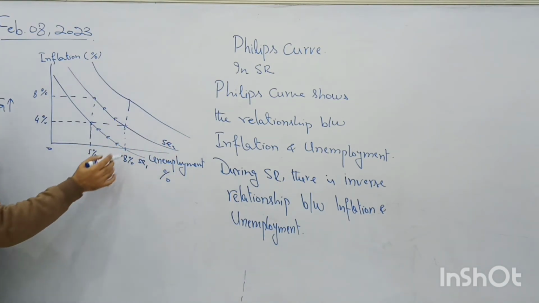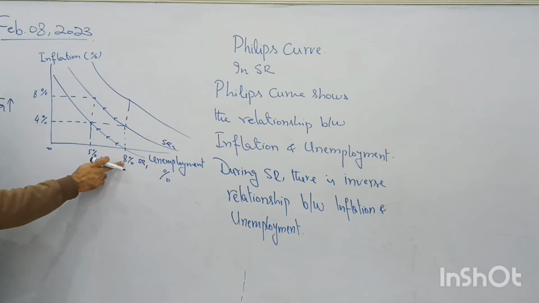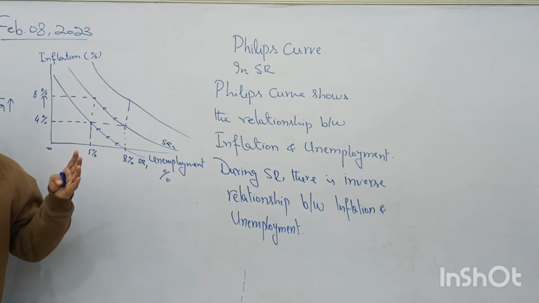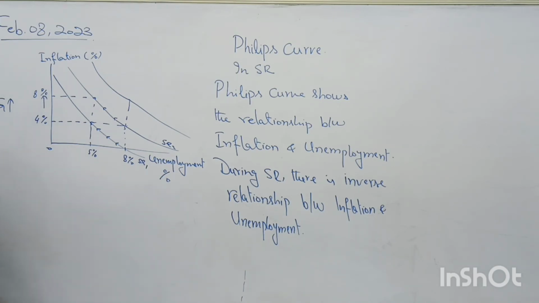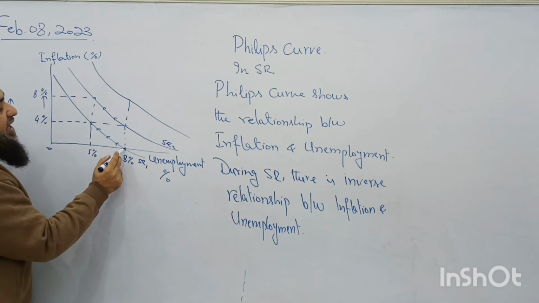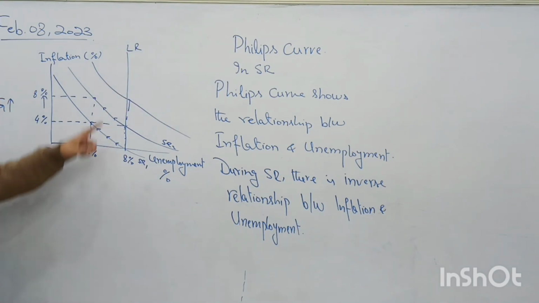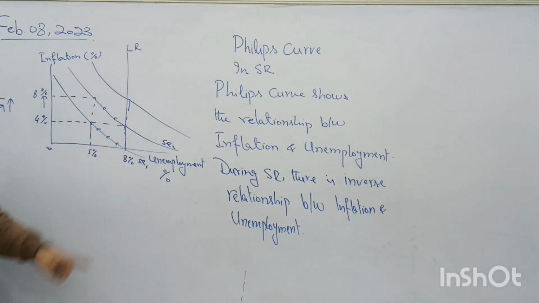Now the same unemployment is existing but with a high rate of inflation. But this process will keep on as money supply continuously increases due to increase in government financing in the country. So we find that in the long run the Phillips curve will be vertical.